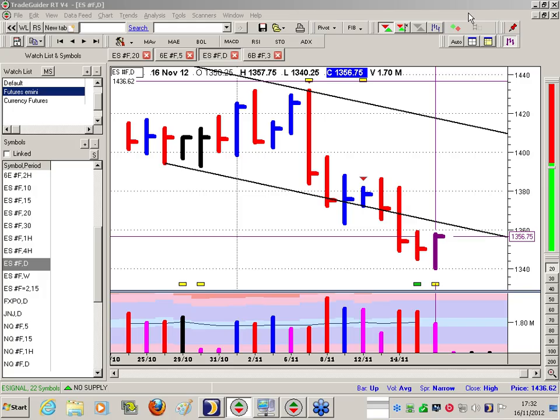Right. Now, this is the daily chart of the S&P 500 futures market, the mini. I always like to look at the daily chart first, just to trigger me off. It gives me some idea of the general direction. It's almost like a signpost.